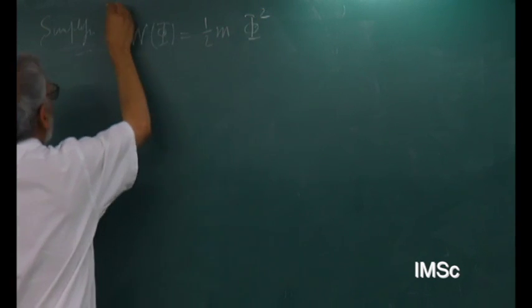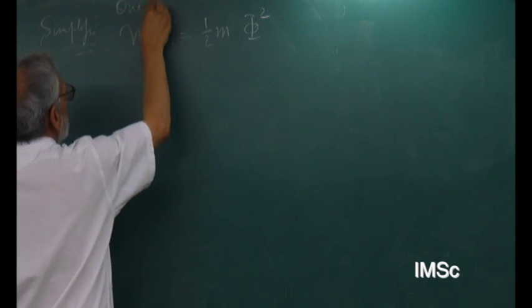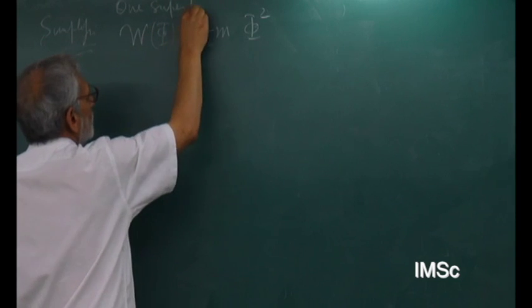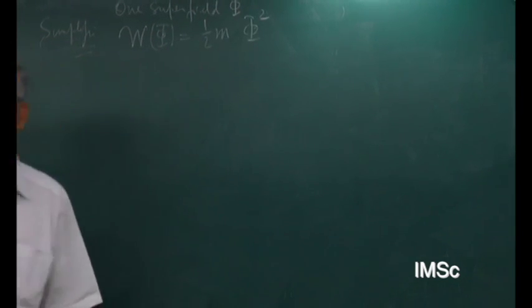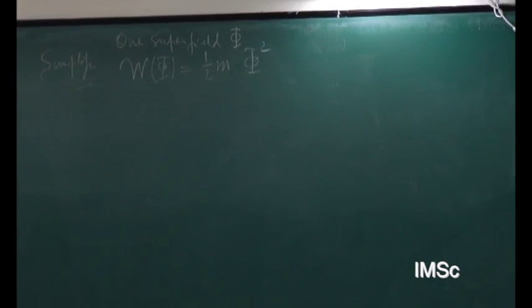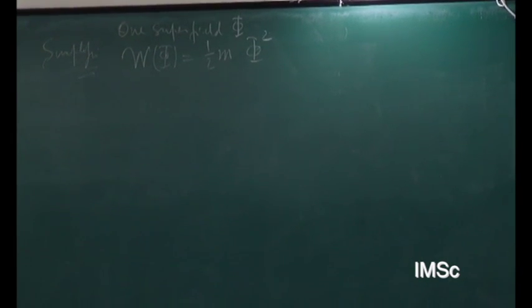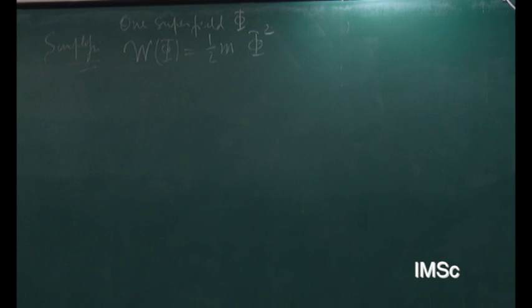Take one superfield, instead of the whole set, let me take only one. And let me take the superpotential to have a simple form, half m phi square. And let me write the action.